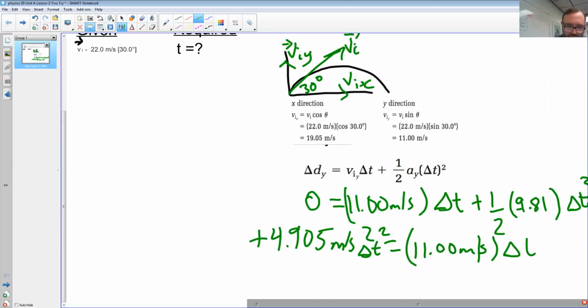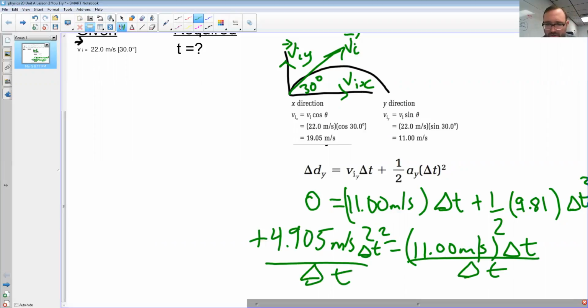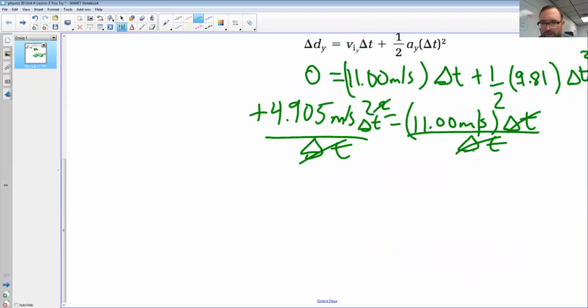Now we only want one of those, so if we divide both sides by change in time, those cross out. Then we need to move 4.905 over to the other side.